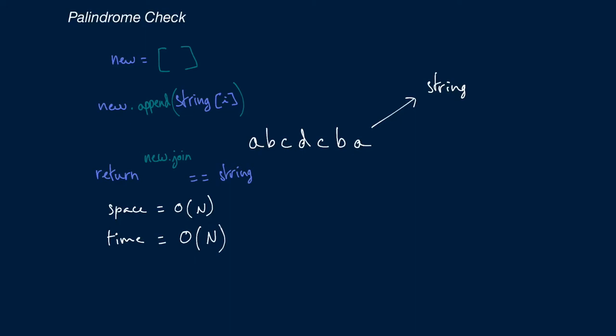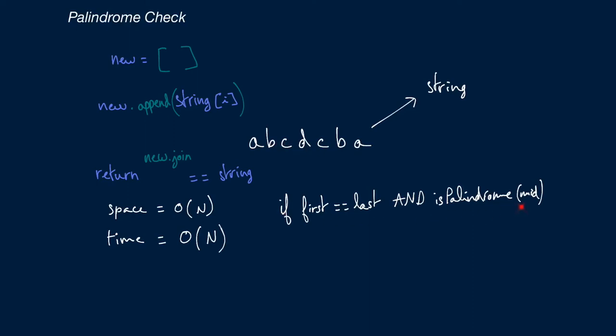And otherwise, we can say, if the first letter, I'll just write first, is equal to the last letter and isPalindrome, we call our isPalindrome function on middle, I'll just call this mid, the string in the middle.